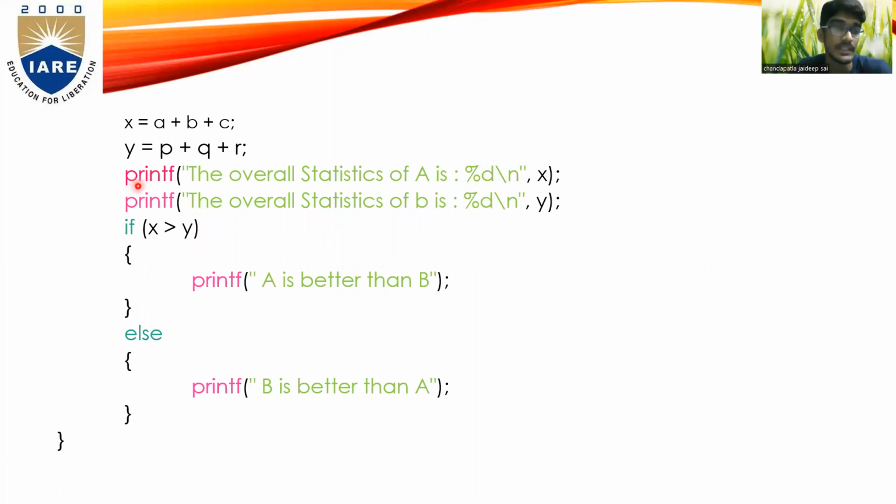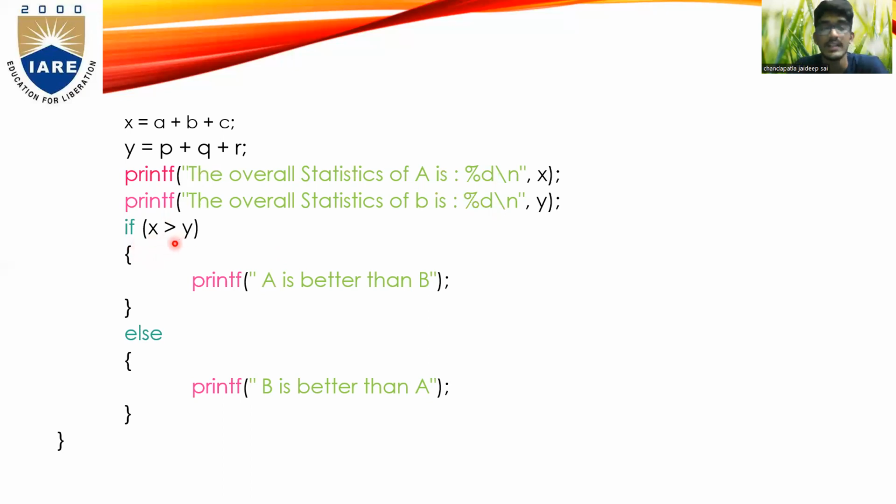So we are now using the decision control statement here. We are using the if-else statements to judge whether a is greater than b or b is greater than a. In if-else statement, we have if and the condition.